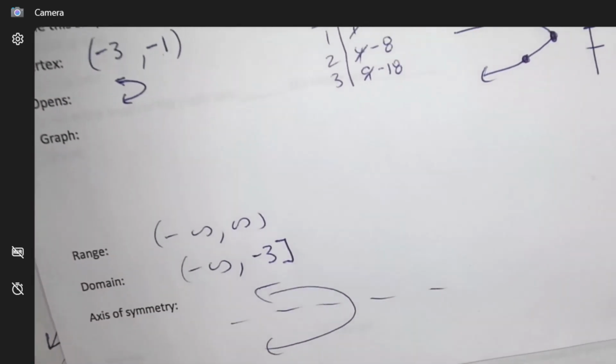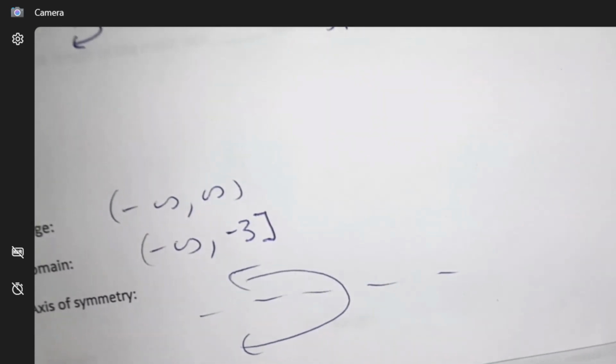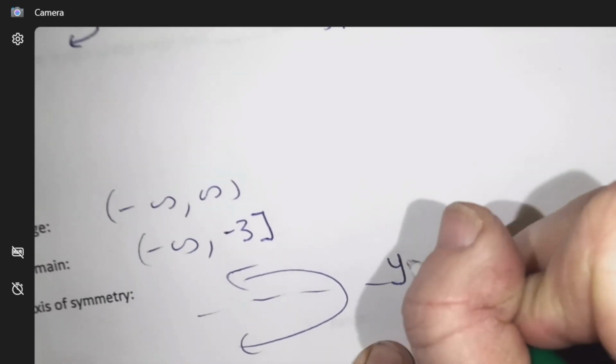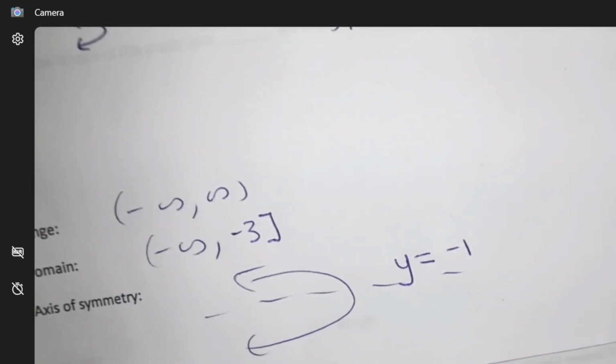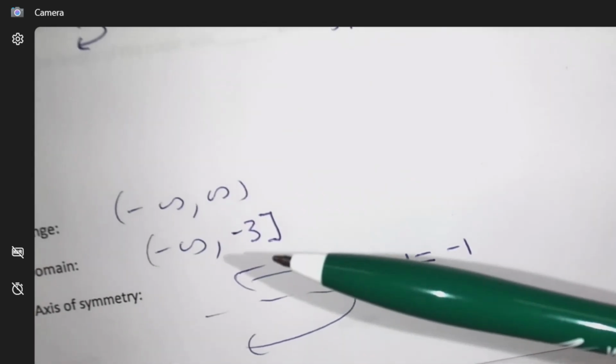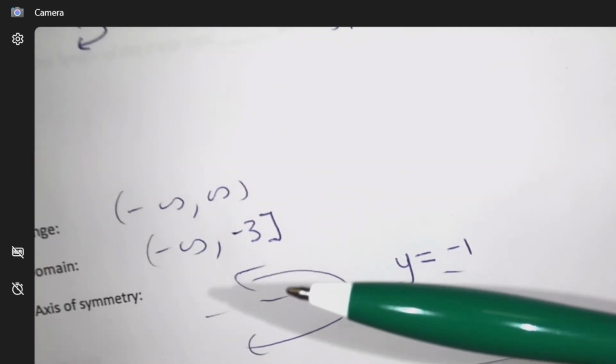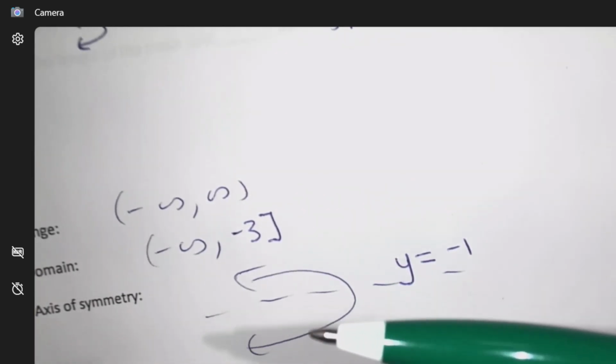It's going to cut this way. Does that make sense? It's flat, so how do you make flat lines? Y equals, and what Y value does it go through? Okay, did you notice domain and range flipped positions from the first one as well, right?